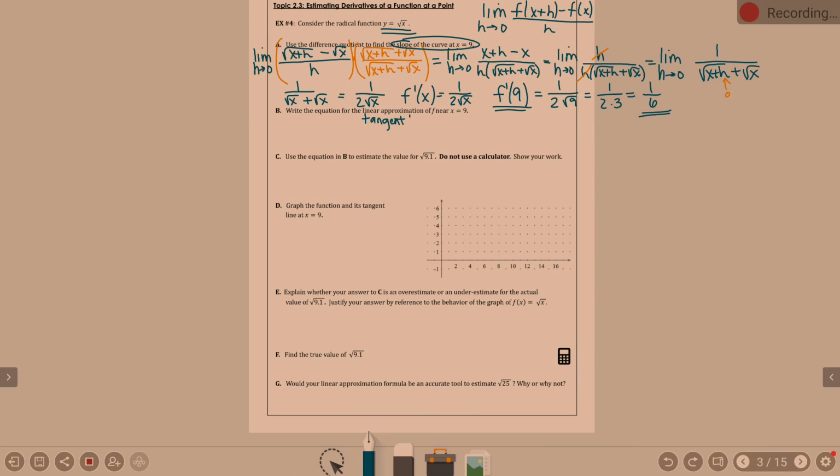In order to write the equation of the tangent line, we need two things: a point and a slope. Well, we already got the slope, yes? Slope was 1/6. What's my point?